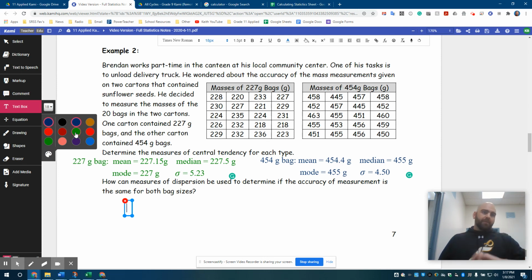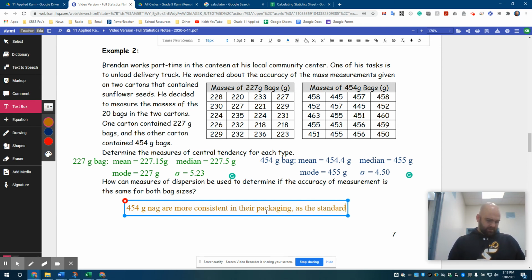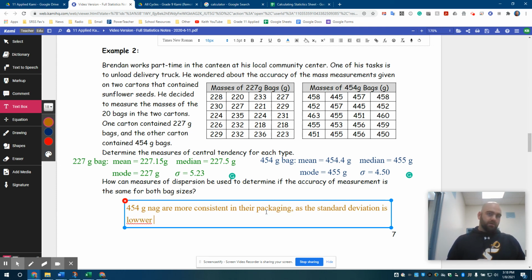So, but back to what we were going through here. How can measure dispersion? Well, the 454 gram bags are more consistent in their packaging as the standard deviation is lower than the 227 gram bags.